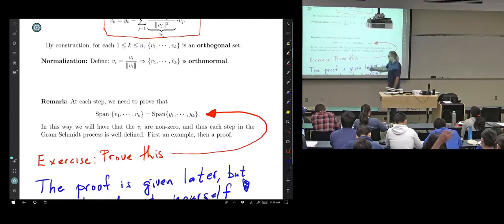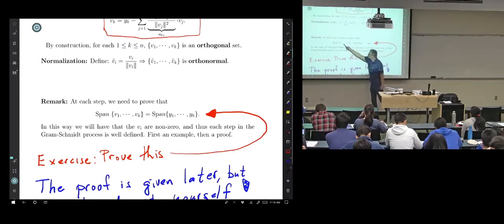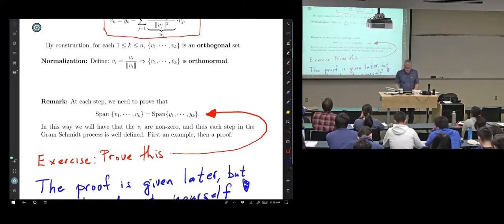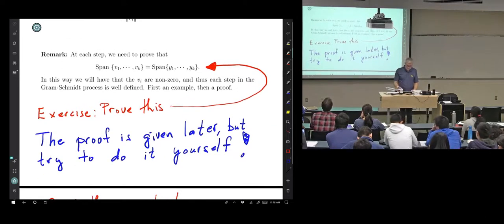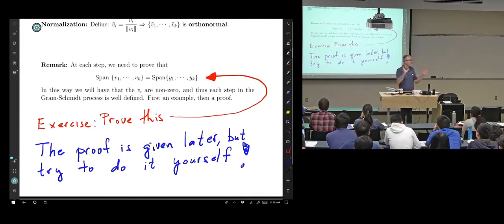And so as an exercise, I want you to prove this recursive nature of building a basis for this subspace that is now orthogonal. So prove that. The proof is given later in the handout, but it's good practice. Okay, just prove it.